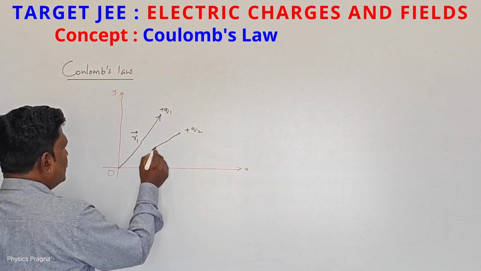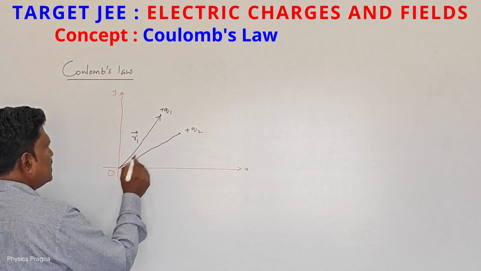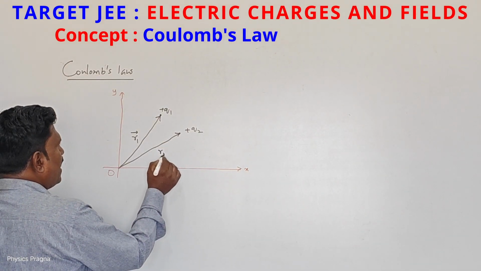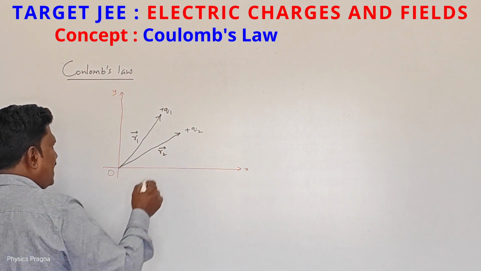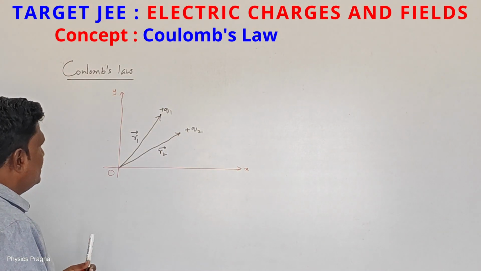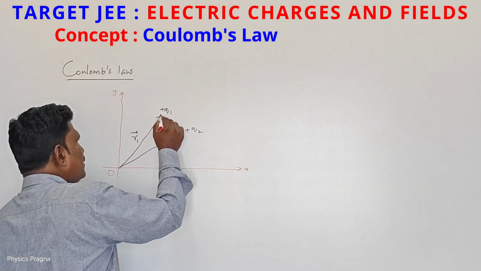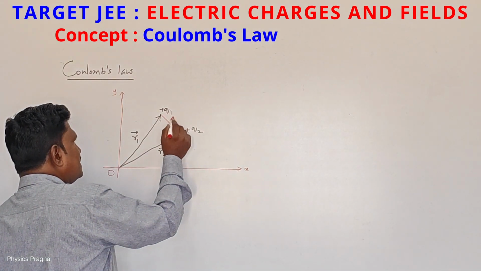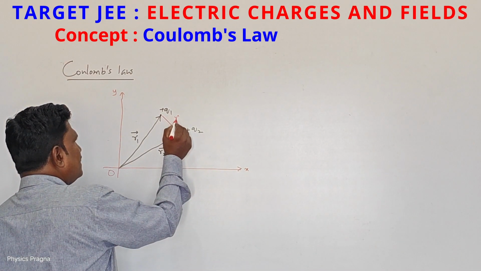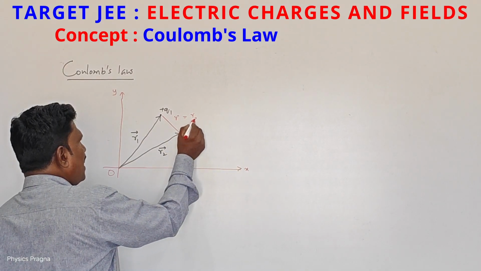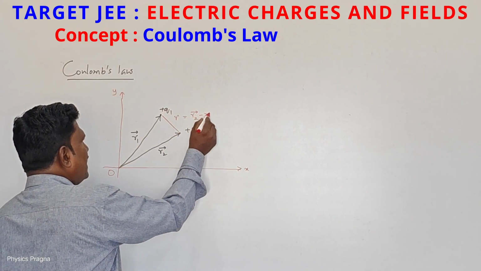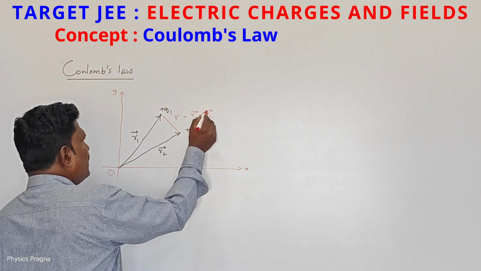The position vector of the Q2 charge is R2 bar. Then the distance between Q1 and Q2, this R, is equal to R2 bar minus R1 bar.